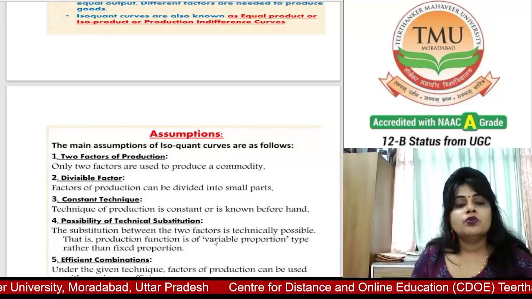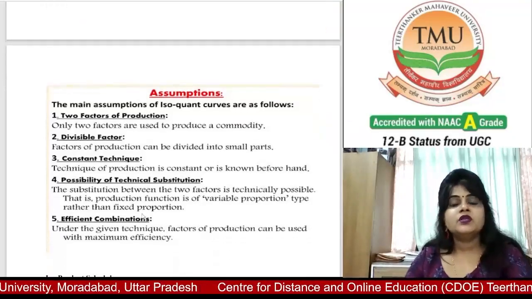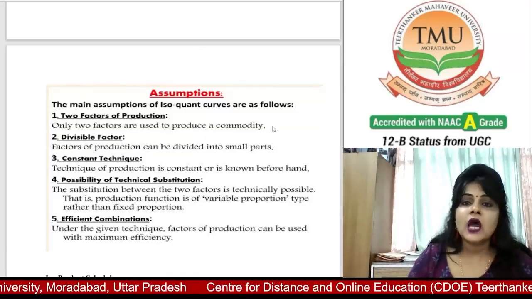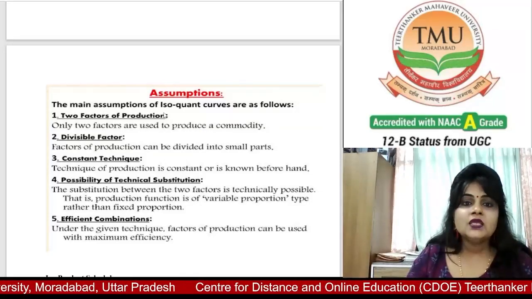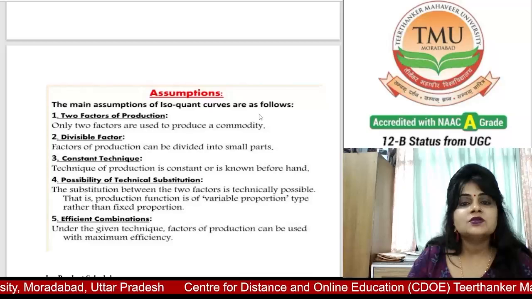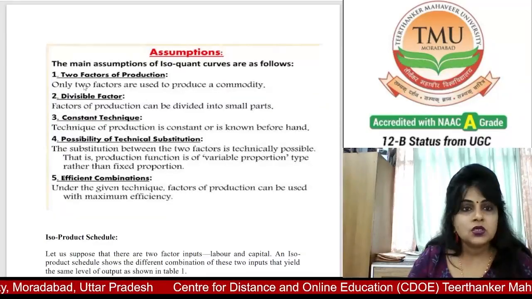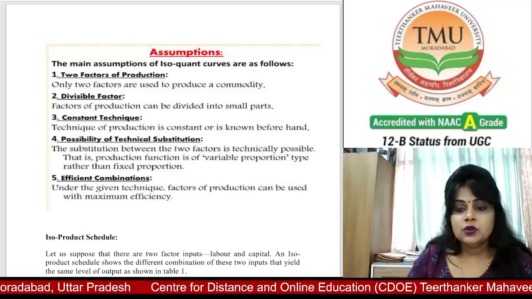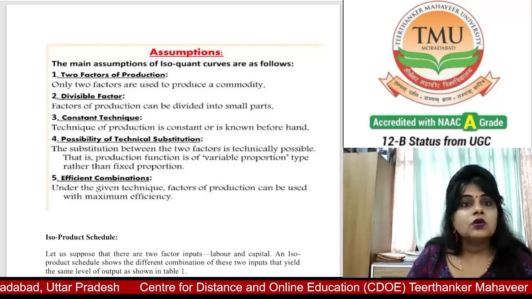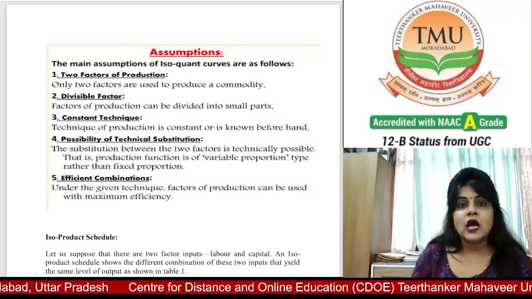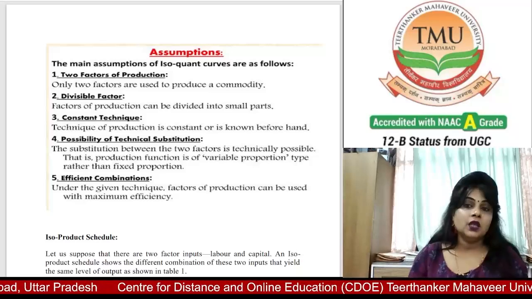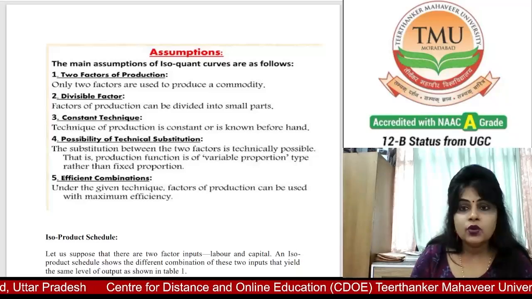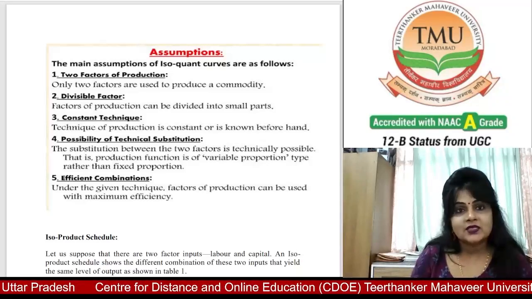Now, what are the assumptions for the isoquant curve? The main assumptions of isoquant curves are as follows. First of all, two factors of production. Only two factors of production are used to produce a commodity because we have only two axes, the x-axis and the y-axis.